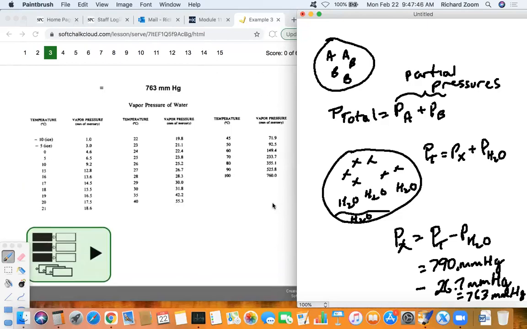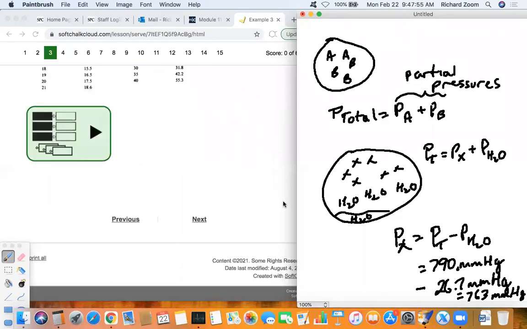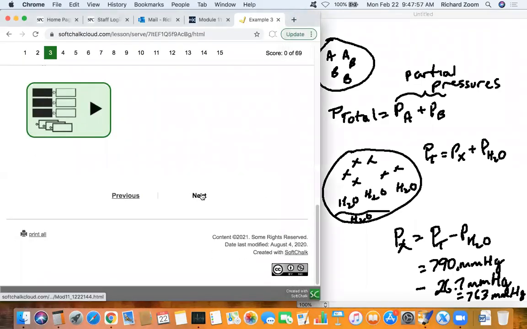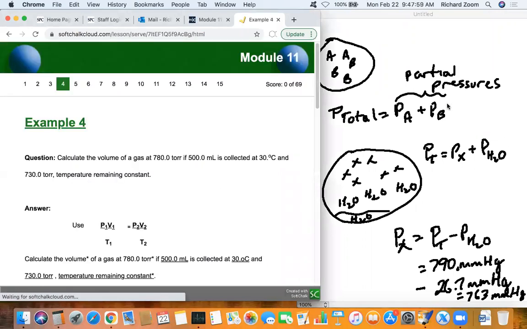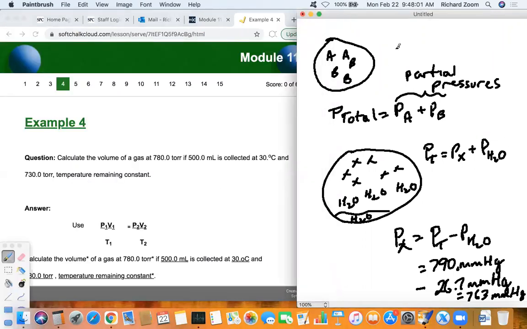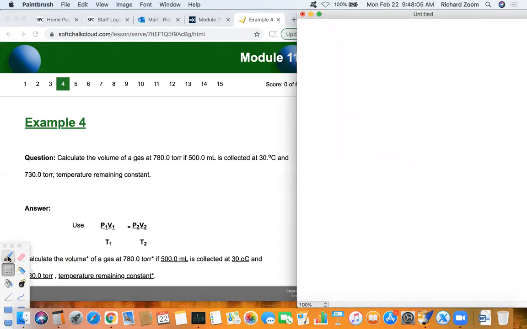All right, so that's how we determine the pressure of a dry gas, or the pressure without the water, if we're given that kind of situation. Let's talk a little bit about pressure units, just in case anybody's not aware of some of these.